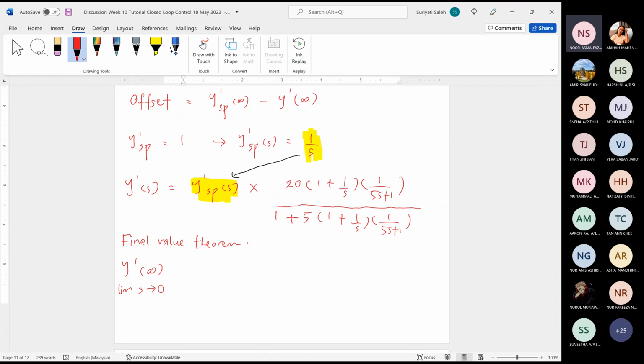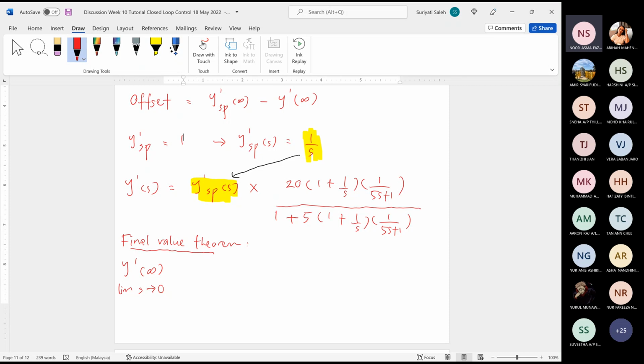That is the condition of the final value theorem, and it is standard. We just use it as it is. When time equal to infinity, S becomes 0. If you use t equal to 0, S becomes infinity. That one is what we call the initial value theorem. So that is the difference between the final value theorem and the initial value theorem. For this part, we just use the final value theorem to determine the y value at time equal to infinity.